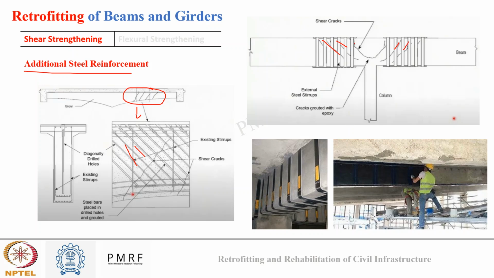Steel plates were used, and externally they were attached to the surface after the cracks were filled with the grouting material. So this is the diagram in which you can see how it was done, and in real life also you can see how it looks. Such addition of steel reinforcement near the joints is done to arrest the shear cracks and to strengthen the structure for shear strength.